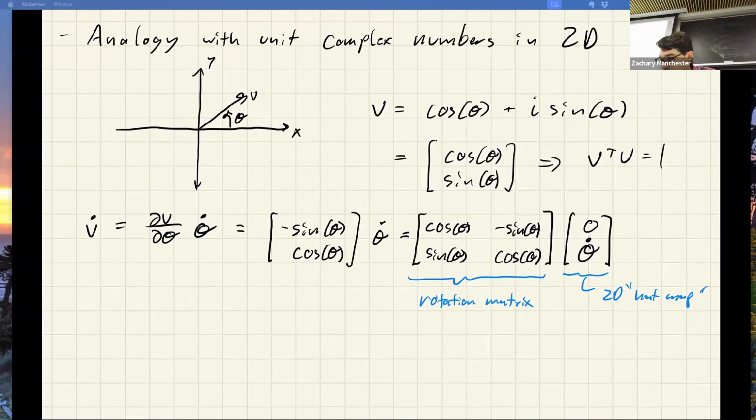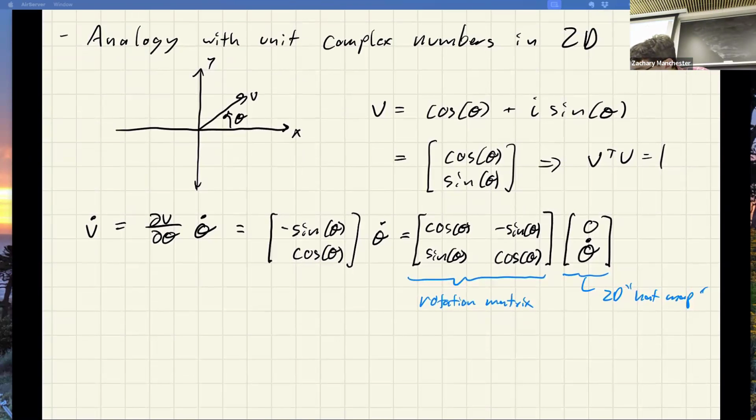And so then if I draw the picture, this is my kinematic equation now for this complex phasor situation, analogous to that quaternion situation. So I've got my V over here. This is theta. V theta.